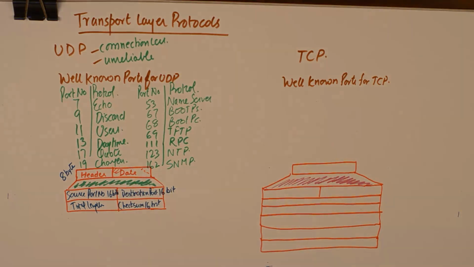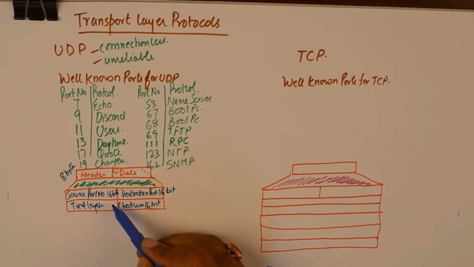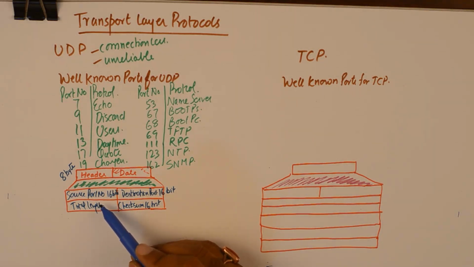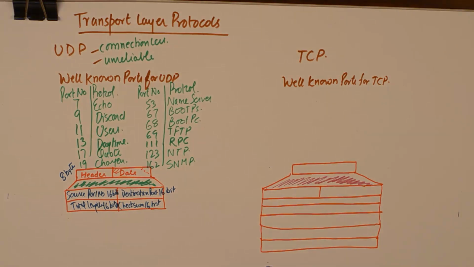So if we are sending 100 bytes of data, I'll write down 100 here, but that 100 is expressed as one number that'll tell us about the length of what I'm sending. So all in all, it sums up to 8 bytes. So 2 plus 2 plus 2 plus 2 is 8 bytes, 16 bits in each block. So that is how simple the frame format for UDP is.